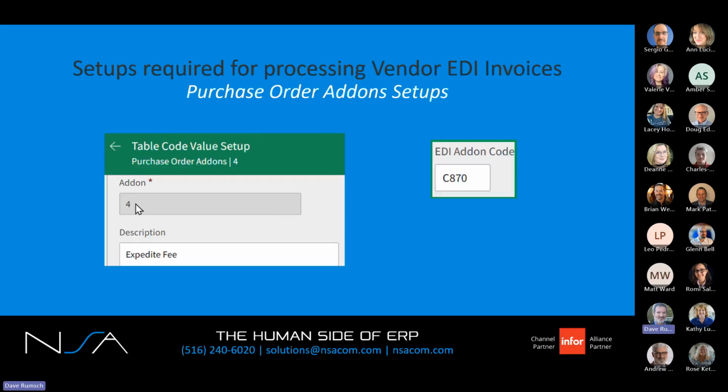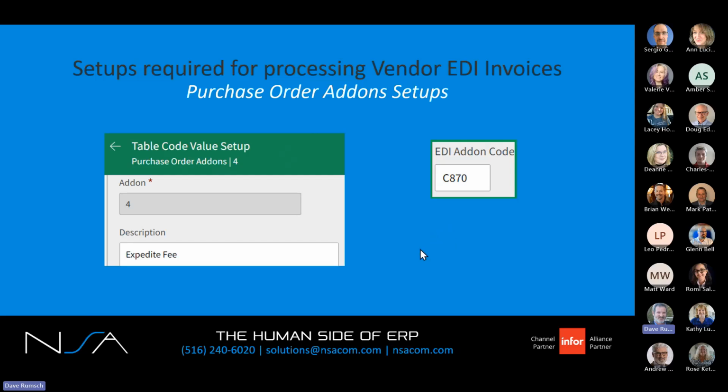When you set them up, you put in your add-on code and your description and the EDI add-on code that's associated with that description. There are well over 1,000 standard X12 EDI add-on codes. 6 or 8 of them are used by most of our partners that transact business. So if you get a few of them set up, it'll solve a lot of pain.